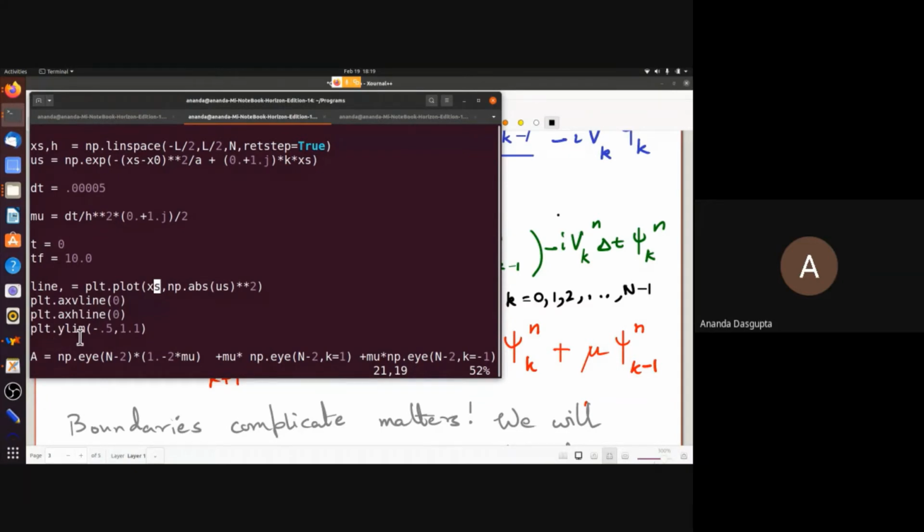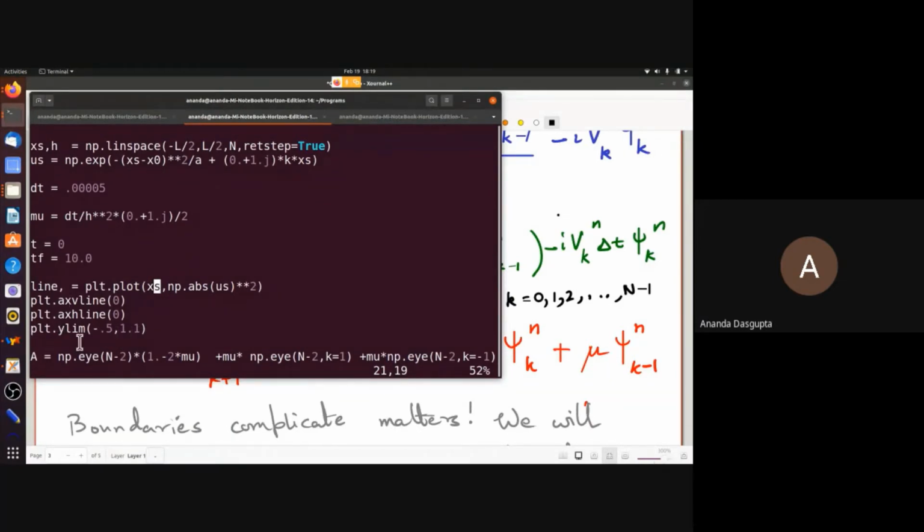And this sets the limits, the y limit, so that it doesn't auto scale and doesn't blow up. Okay. So y scale is being drawn from, in fact, it should be drawn from 0, but just because I want to see the, right, because I'm plotting psi mod square, that's always positive. What I'm deliberately doing is starting from minus 0.5 just so that I can see the axis properly, and going up to plus 1.1.